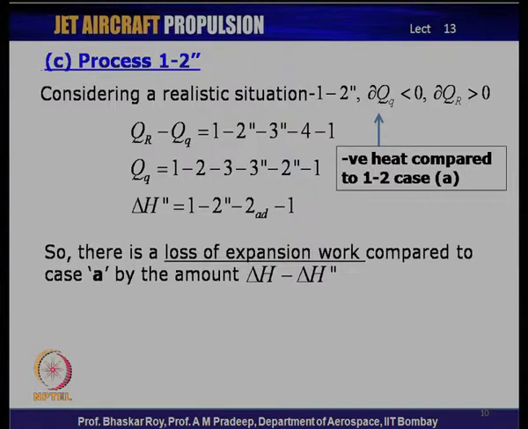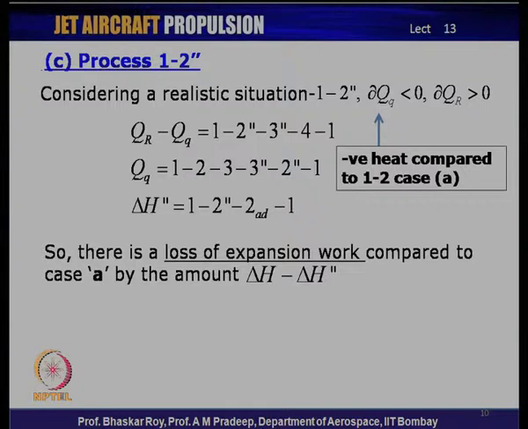Now, the result is that we can write down delta H prime, the Q heat that is being taken out, the negative heat, also from 1 2 3 double prime 2 double prime 1, that is shown in the diagram.